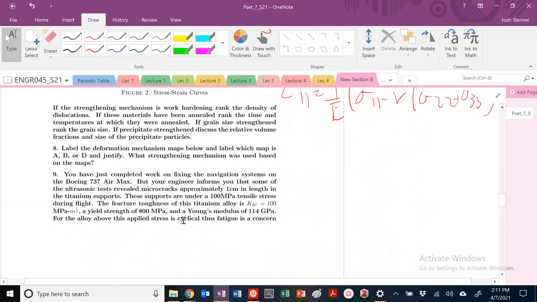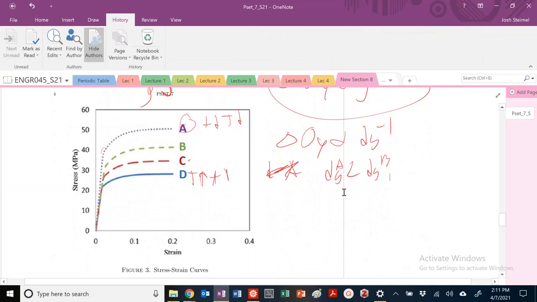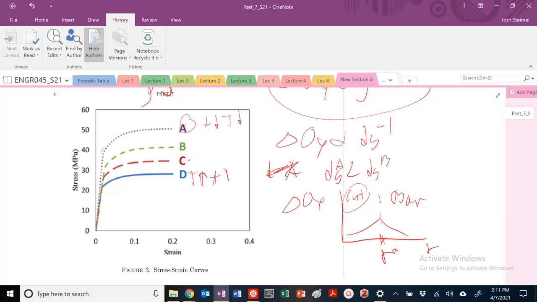And then if precipitate strengthening, discuss the relative volume fractions and size of the precipitate particles. For precipitate strengthening, we know that at some critical radius, r star, we transition from cutting to bowing. We cut on this side, we bow on this side. Why? Creating surface area is our energy penalty, and that's reduced at small radii by bowing around.